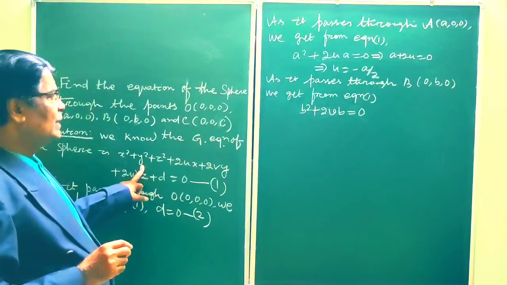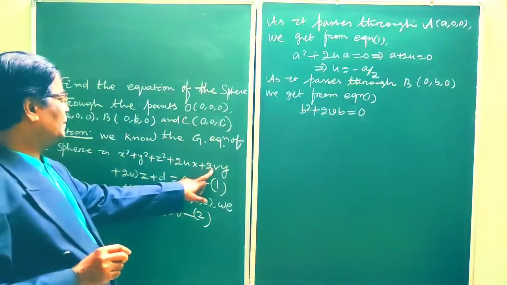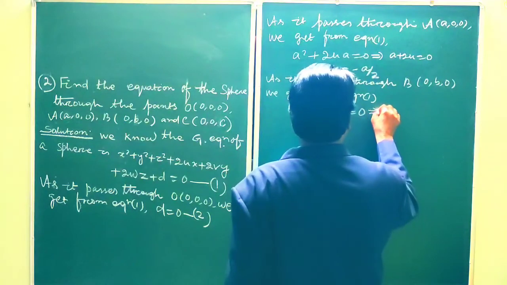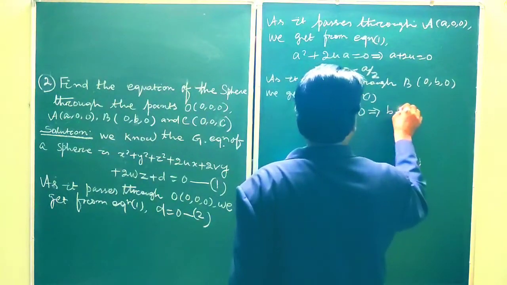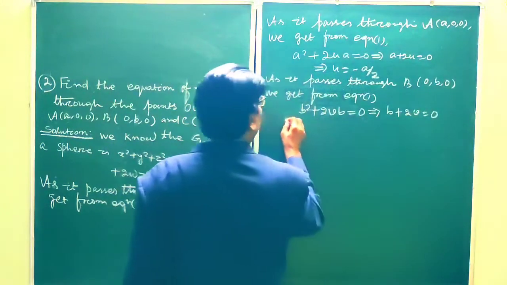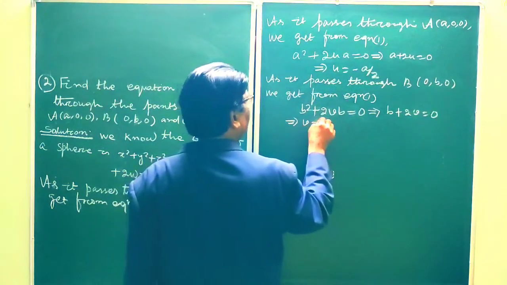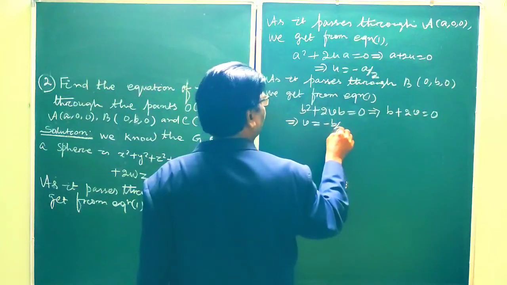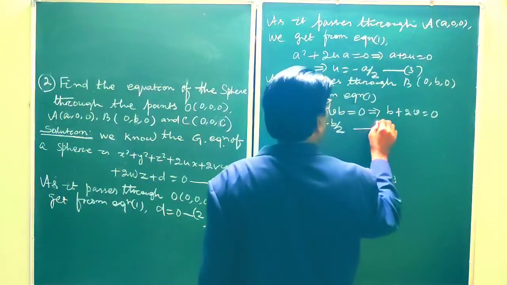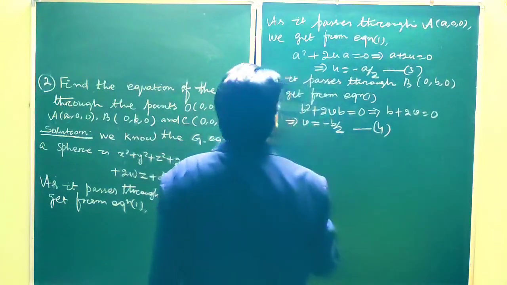So b square plus 2vb is equal to 0. This implies b plus 2v is equal to 0. This implies v is equal to minus b by 2. So let us take this as equation 3 and this as equation 4.